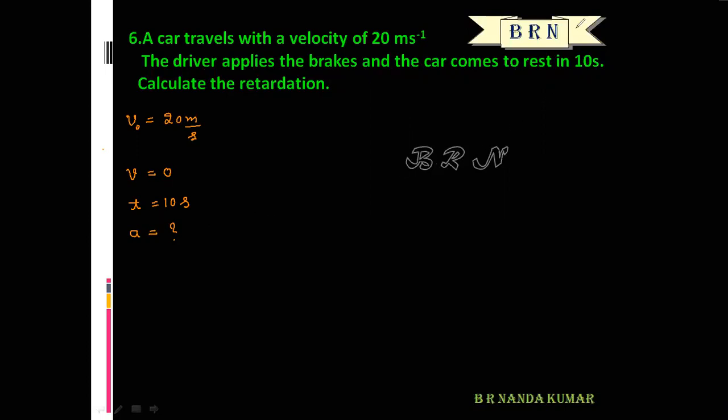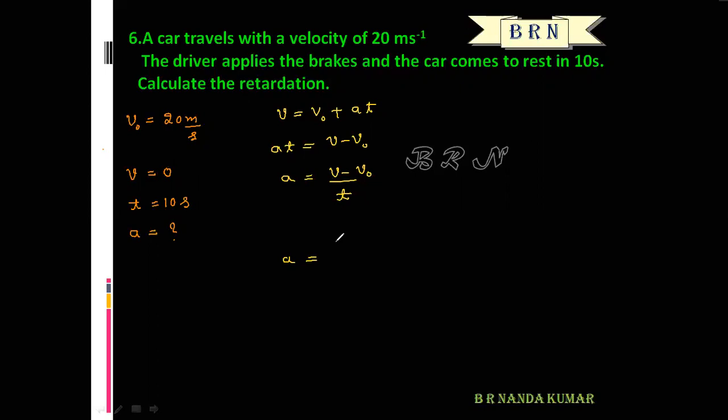So how do we find the retardation? By using the first kinematic equation, that is V is equal to V naught plus AT. So AT is equal to V minus V naught. So A is equal to V minus V naught divided by T. What is the value of V?